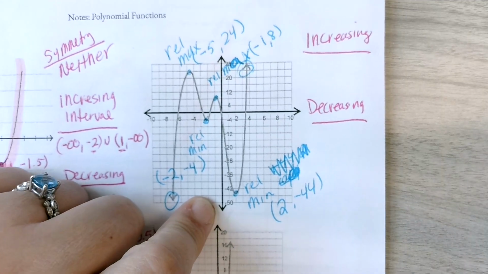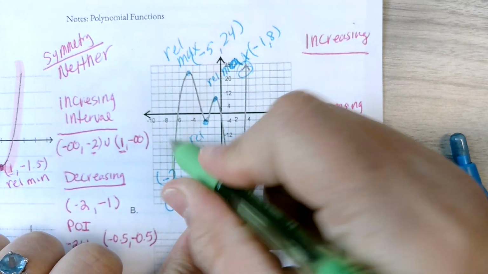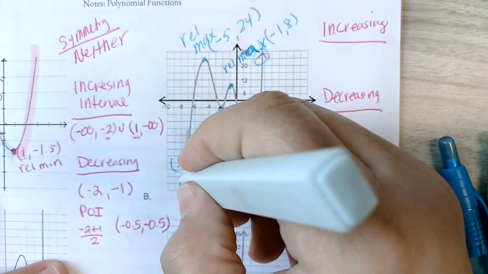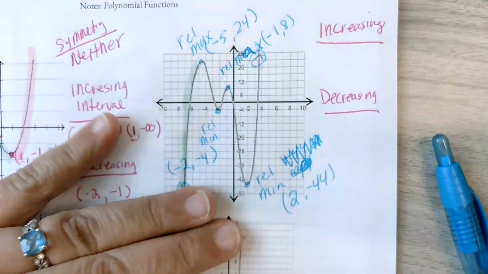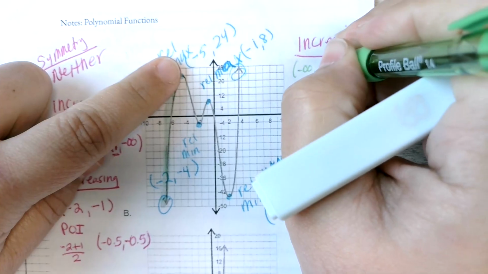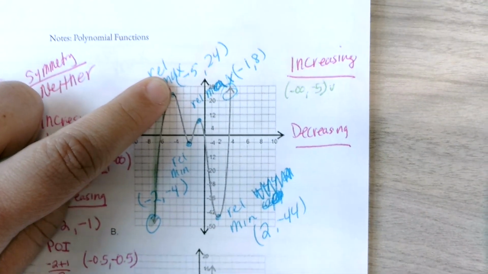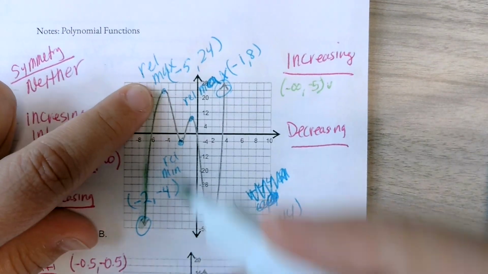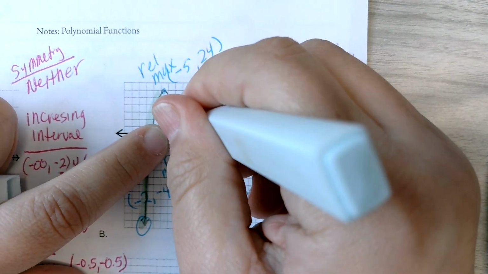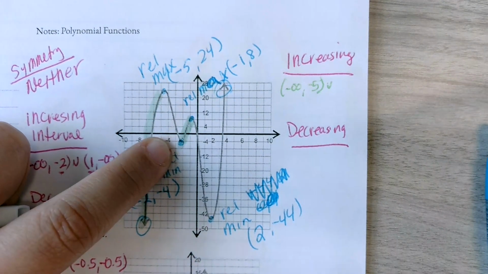So, where is it increasing? It starts off increasing. So we say from negative infinity to -5, and then we need a union. Because it's going to increase again right here in this little spot. It's a little tiny increase, but it does increase, so we have to note it.